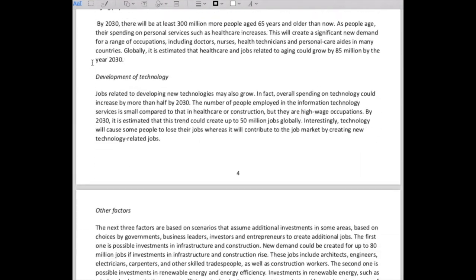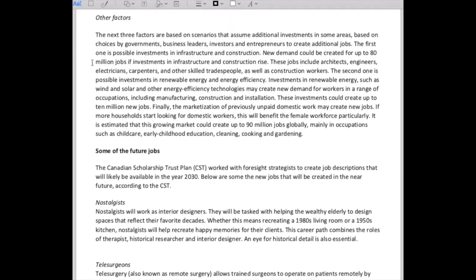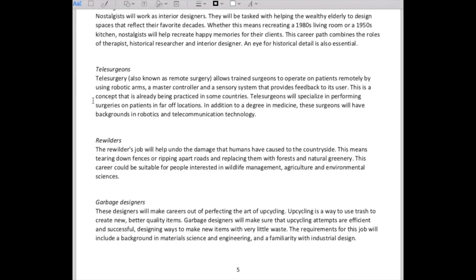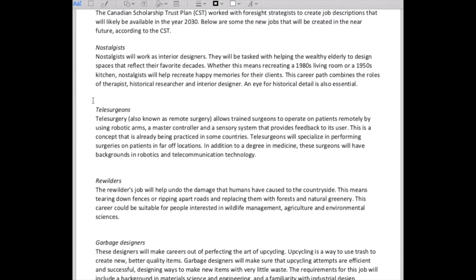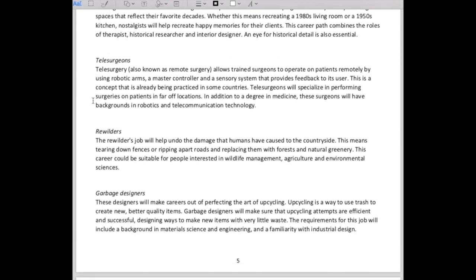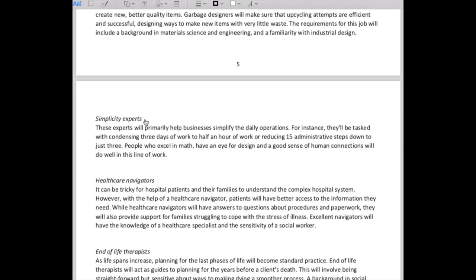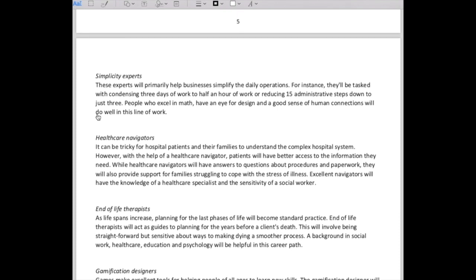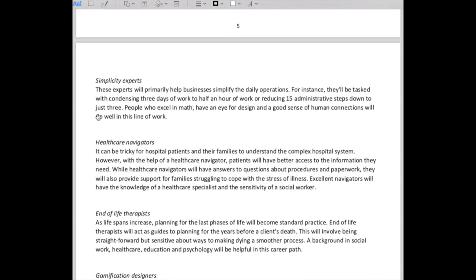So we can go down. Now, some of the future jobs, nostalgists, telesurgeons, garbage designers. I can't see it here. Let's continue. Simplicity experts. So finally, we've reached the last page of the text. So we're starting to relax. Now, simplicity experts. These experts will primarily help businesses simplify the daily operations.